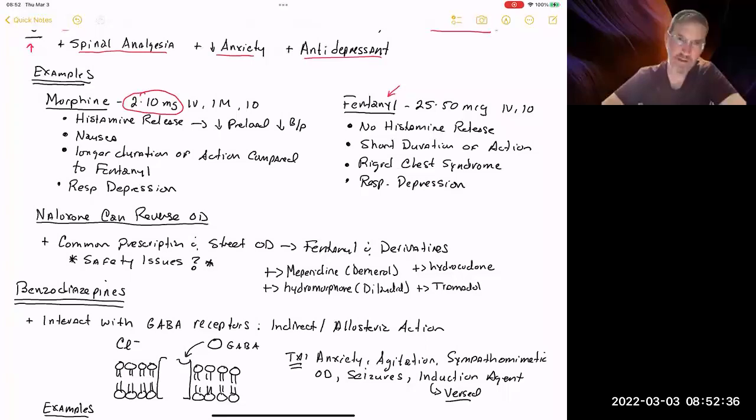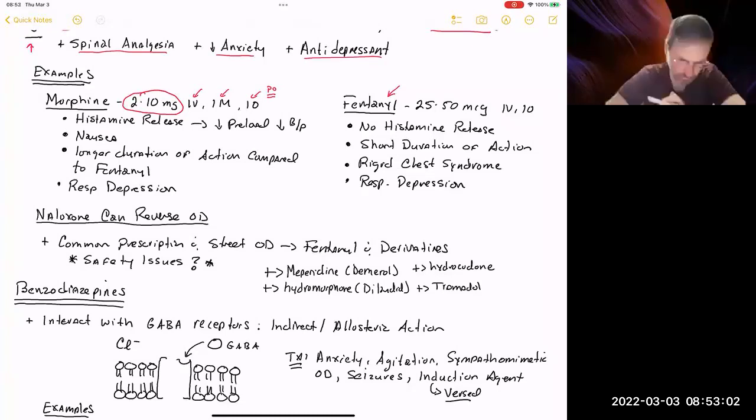And it can be given via the IV route, the IM route, the IO route, and there are also oral formulations of morphine, a kind of liquid. It's called liquid morphine that is out there as well, but we typically are giving it IV, IO, and possibly IM.